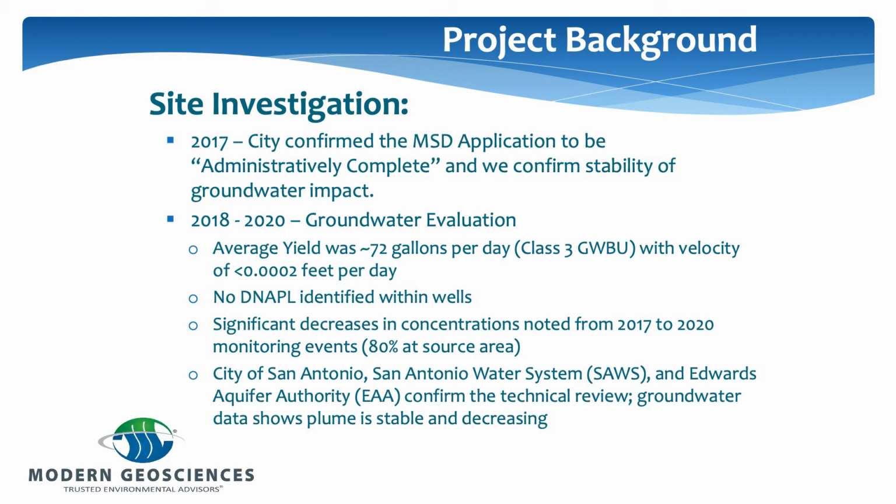So between 2018 and 2020, additional wells were installed, and we actually evaluated that perched unit to see how much water it could make. So roughly 72 gallons a day would be the maximum draw, meaning that would classify as what we refer to as a Class 3 groundwater bearing unit.